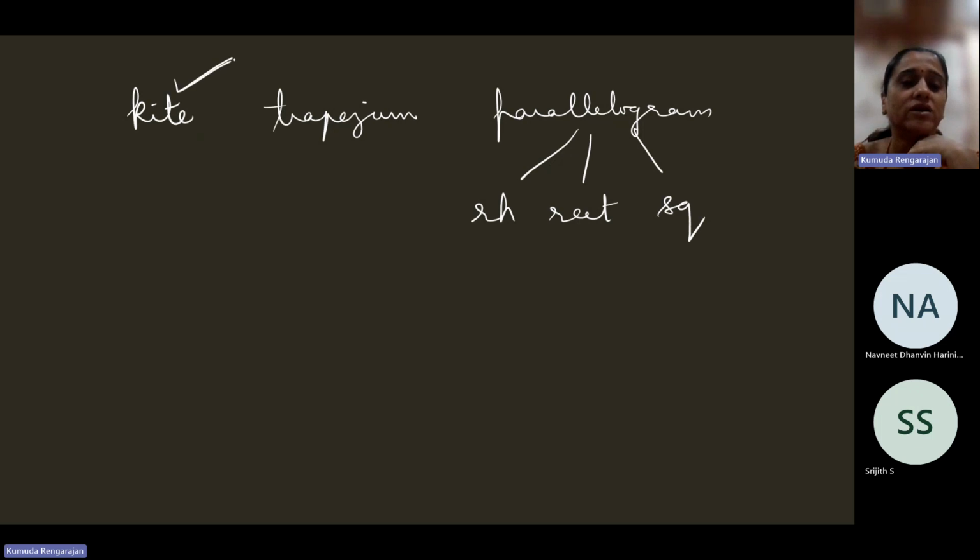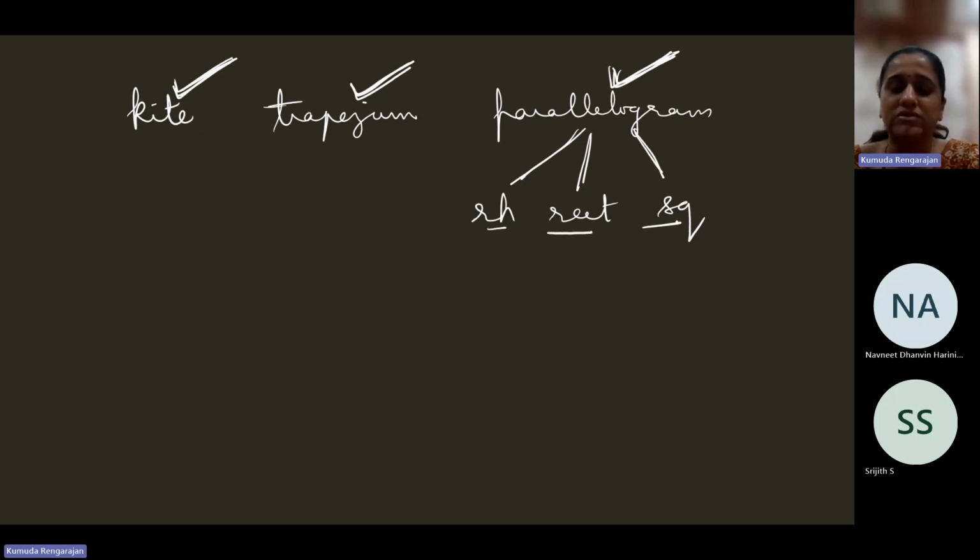In a kite, no pair of opposite sides are parallel. Trapezium, one pair of opposite sides are parallel. The other pair of opposite sides are non-parallel. Parallelogram, both the pairs of opposite sides are parallel. Special types of parallelogram: rhombus, rectangle, square.